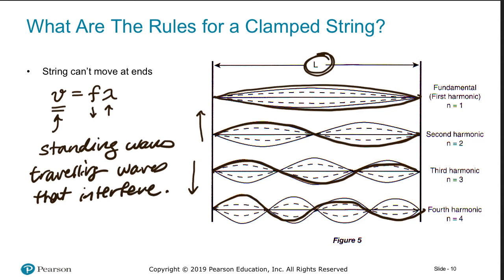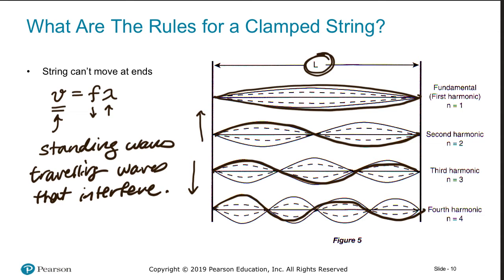Remember what's happening to create a standing wave. You either pluck the string or somehow shake the string, and that generates vibrations that zip back and forth along the string. They reflect at the boundaries, and these are hard boundaries where the string is clamped at both ends. You've trapped this wave in such a way that it's going to reflect, and those reflections interfere.